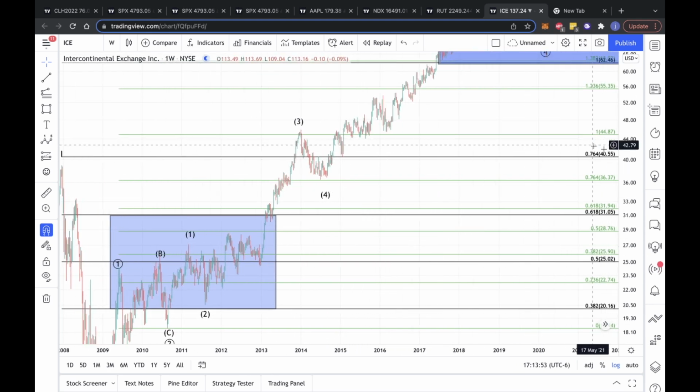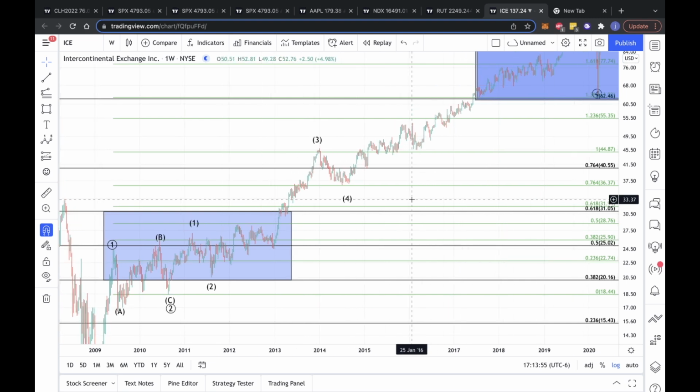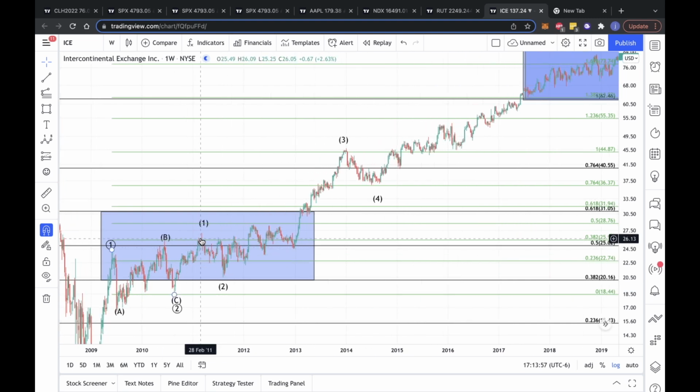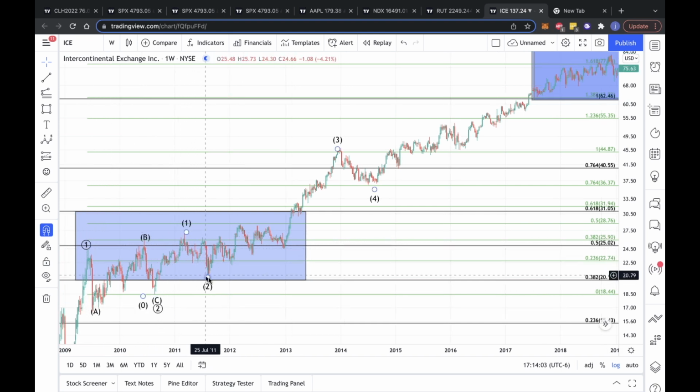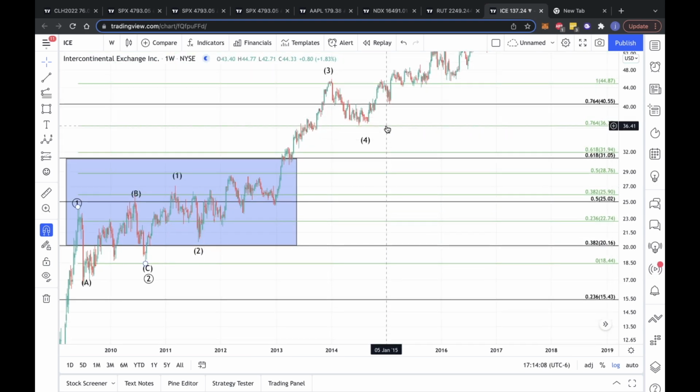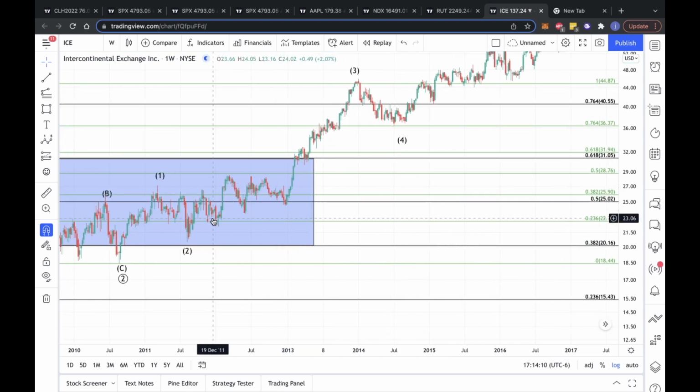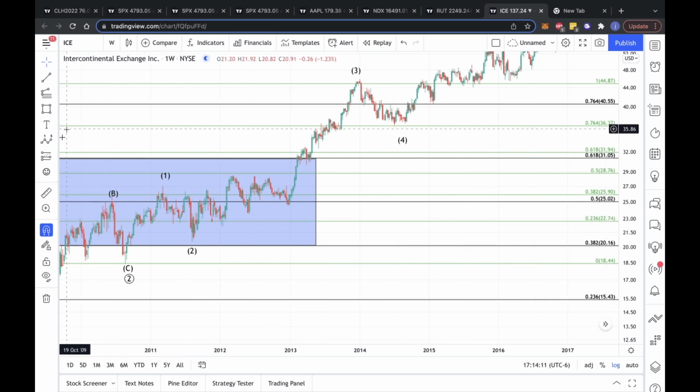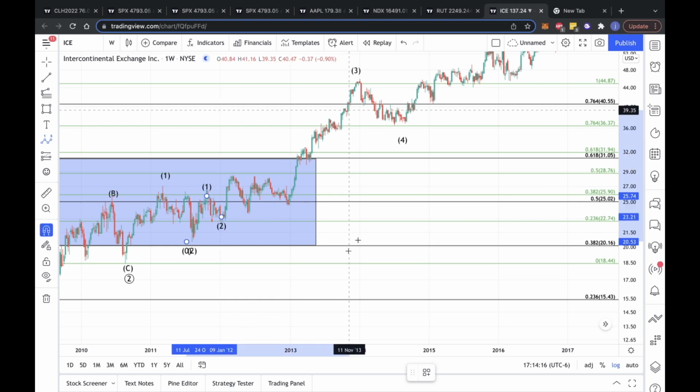So this is sort of interesting here. We have 5 waves up into the 0.382 extension off of the primary 1-2. We have a clearly corrective pullback here into this wave 2 low. And then we have some kind of choppy action here where this potentially counts as another 1-2 here.